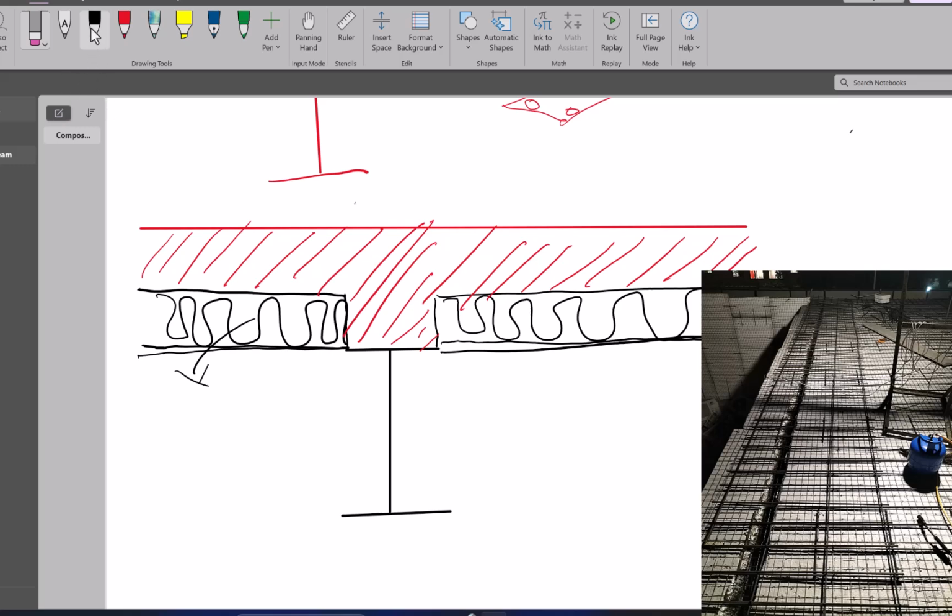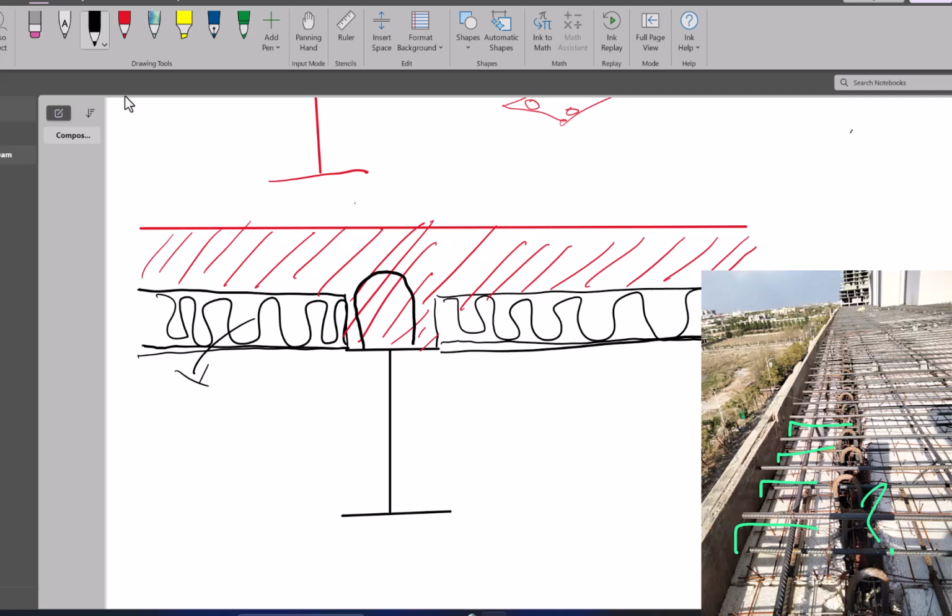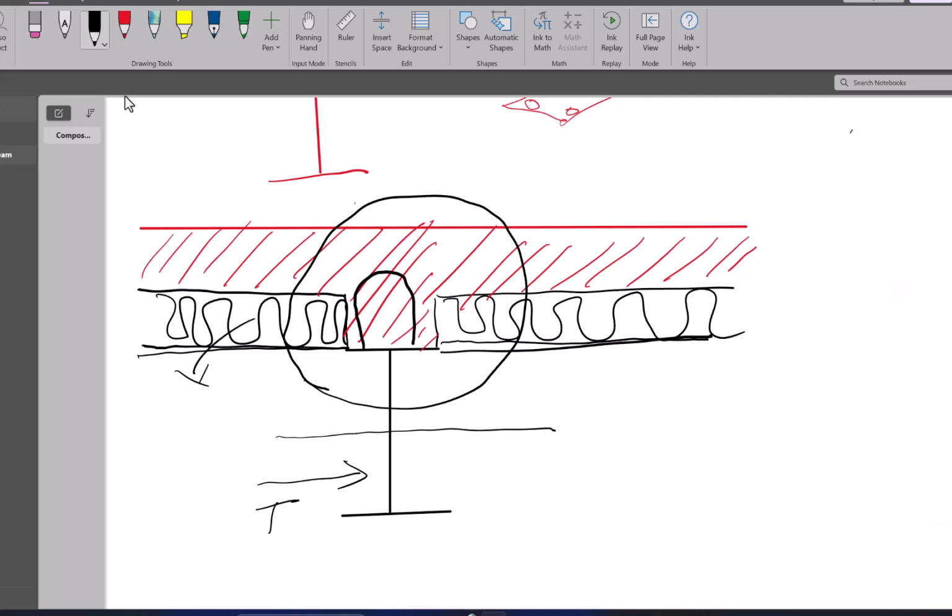We then weld some rings here, as you can see in the picture. These rings are the shear transfer mechanism that turns this entire section into a compression element and this into a tension element. If you have a typical beam, maybe the neutral axis is here, but if you have this composite beam, the neutral axis goes up and you have more area to resist tension.